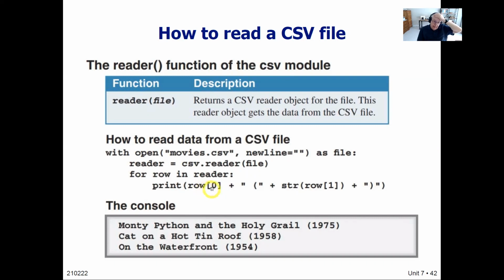So the first index of each row is going to be the name of the movie, right? And then we're going to concatenate to it a space and then a parens. And then we're going to change the second index to a string because we're inside a print function here. And then we are going to add to the end of that a right parens, and then the right parens to close the print function.